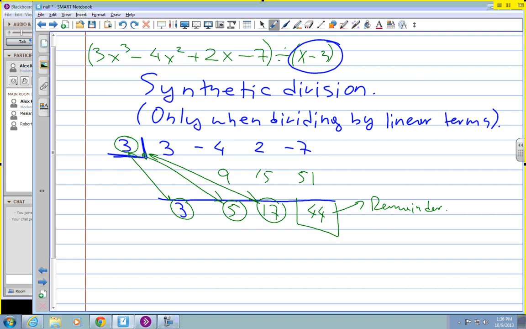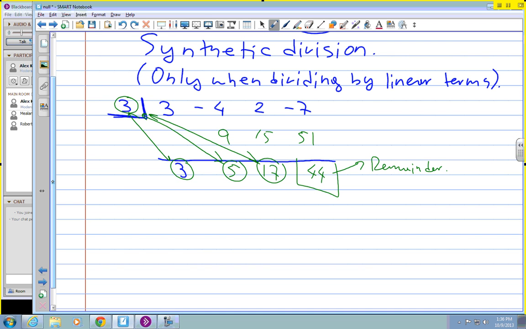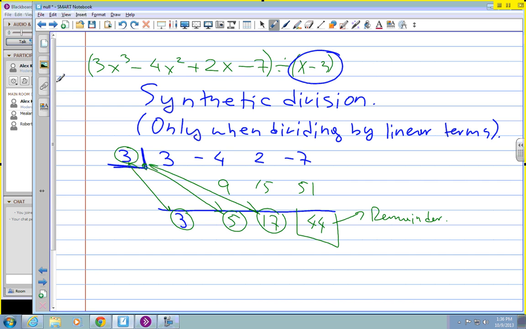Just like before, right? A lot better, yeah. To know that the divisor is linear, it just has to be x.